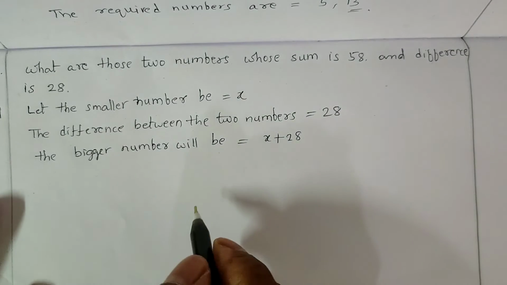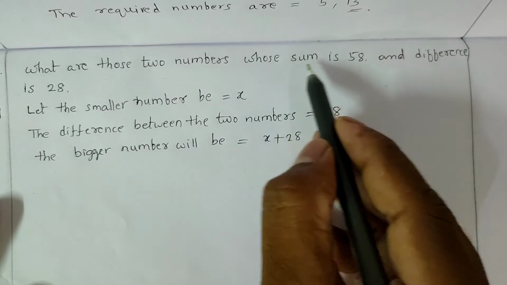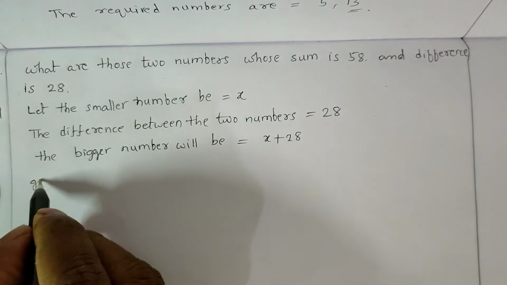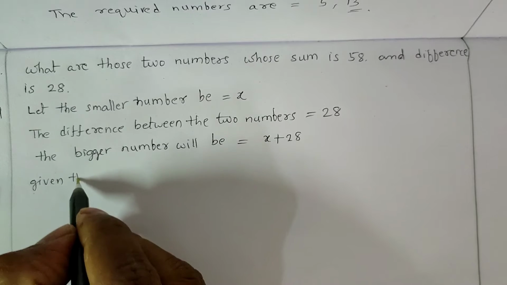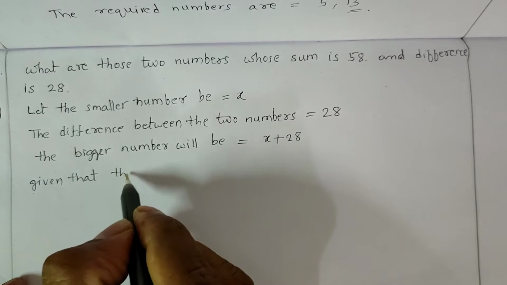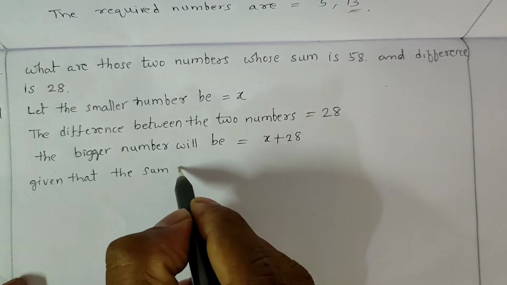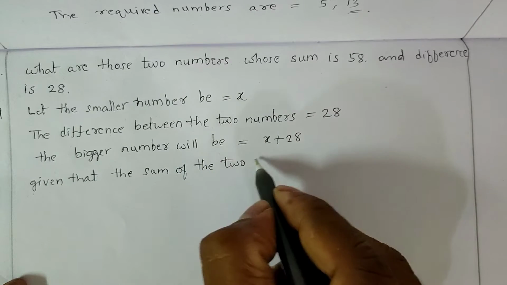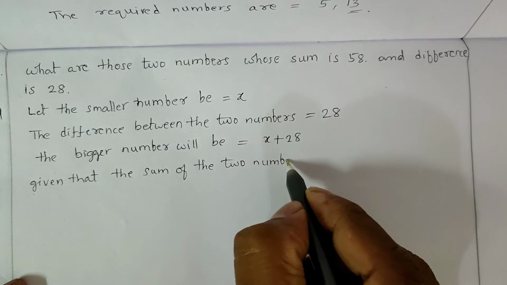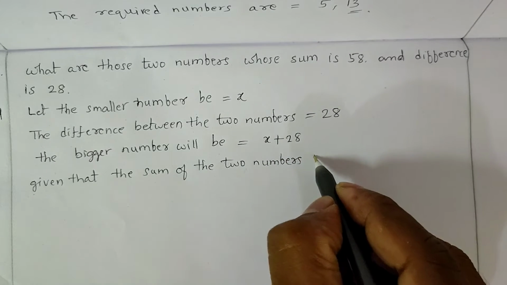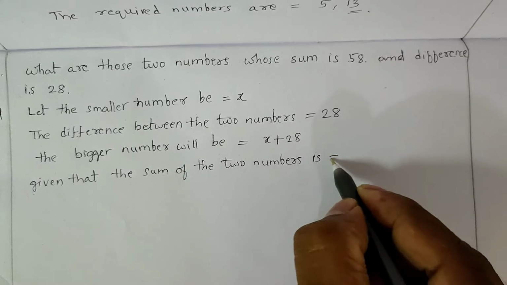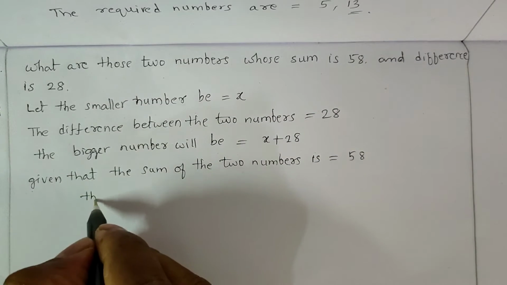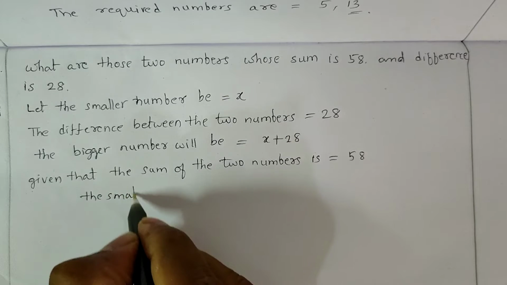So now it is given that the sum is 58, right? So given that the sum of the two numbers is equal to 58.